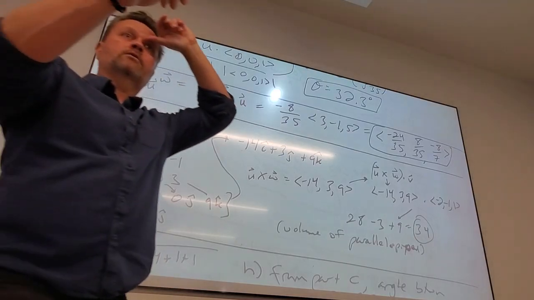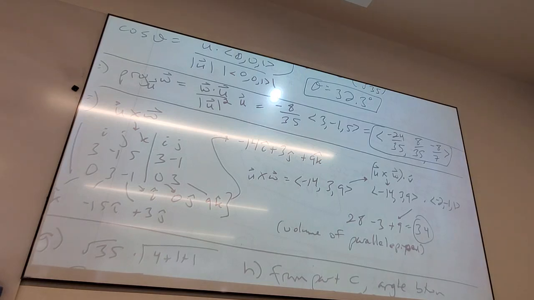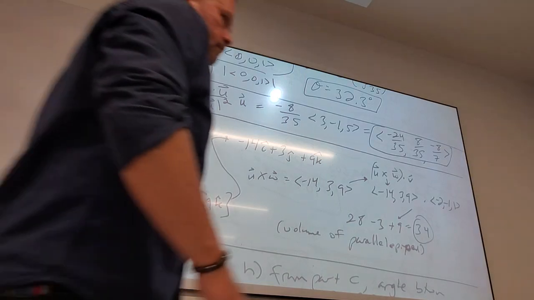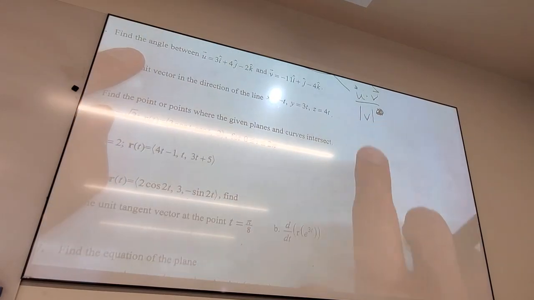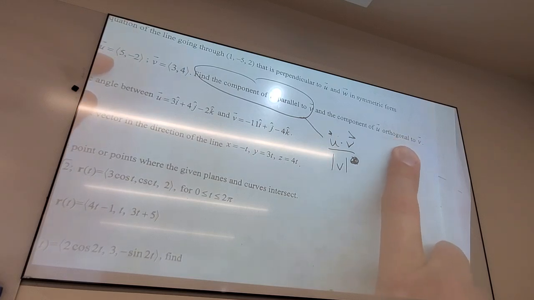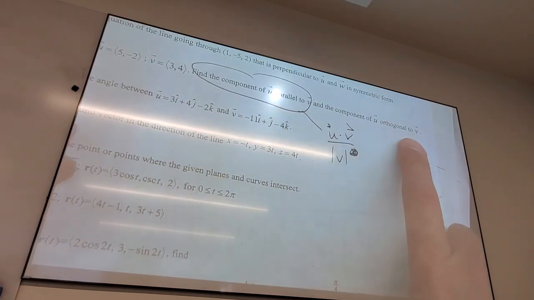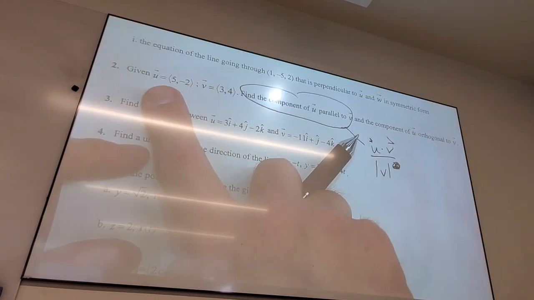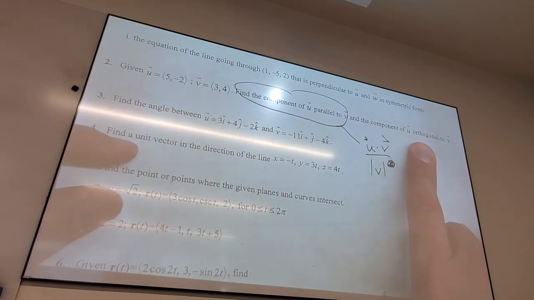Yeah, what's up? I'm trying to understand practice number 2. I don't understand how to do the component without the dot or cross product. Again, what I really wanted was for people to realize this is just a trick question.